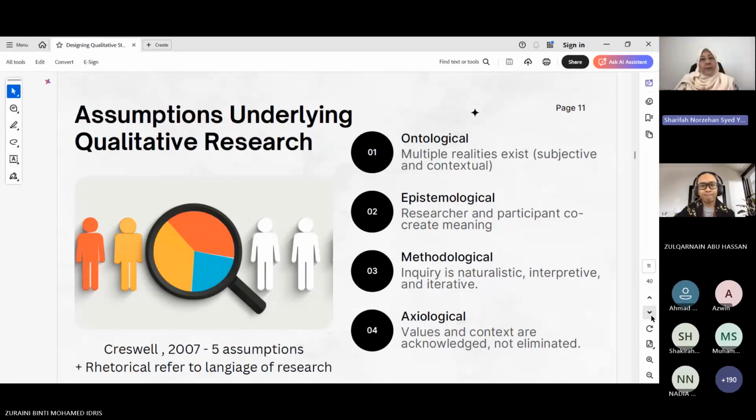Okay, is your constructivist qualitative? Usually constructivist relates to interpretive. When it is interpretive, it leads you to qualitative, and for qualitative, these are your assumptions. Because of these assumptions, it leads to another paradigm. All right. Okay, let's move to the next slide.